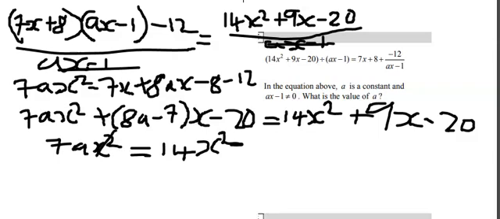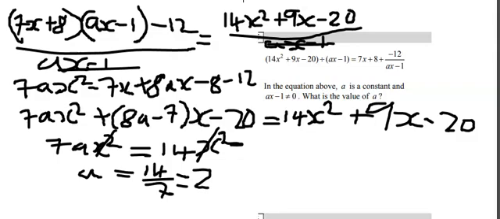So here x squared cancels x squared, and you can see that 7a is equal to 14. It means that a is equal to 14 divided by 7. So the value of a is equal to 2. Are we there?